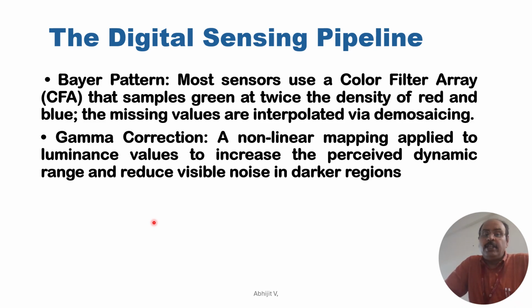The missing values are interpolated via demosaicing, using the Bayer pattern. The final thing in the sensing pipeline is gamma correction. These are the stages required for digital sensing of the world or the scene.